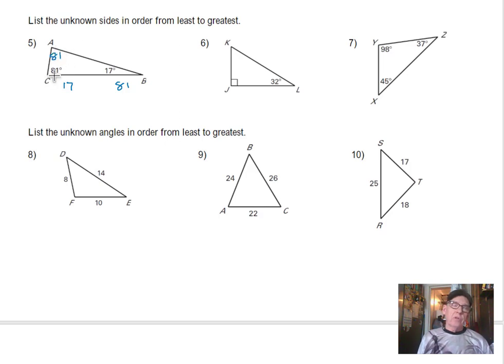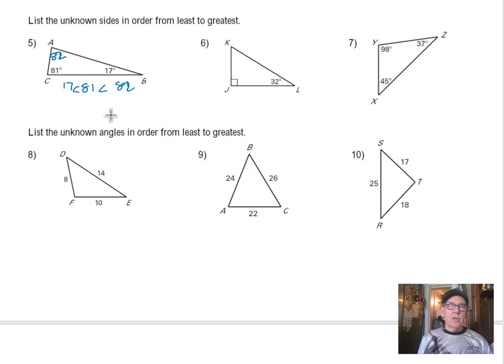Let's check that. 162, 172, 179. So that's not right. This is going to be 82 degrees. 82 and 81 is 163, 173, 180 degrees. So this is an 82 degree angle. So we actually have 17, 81, 82 in terms of the order of the angles.